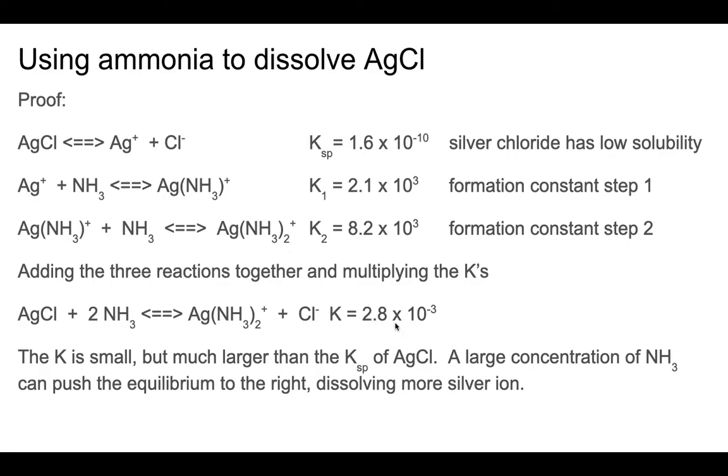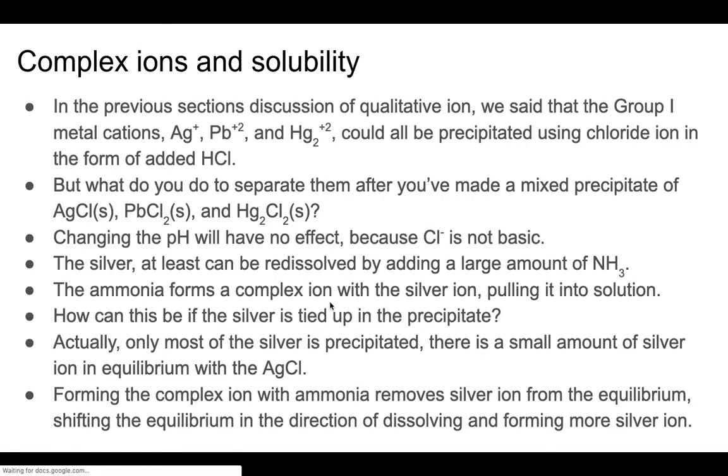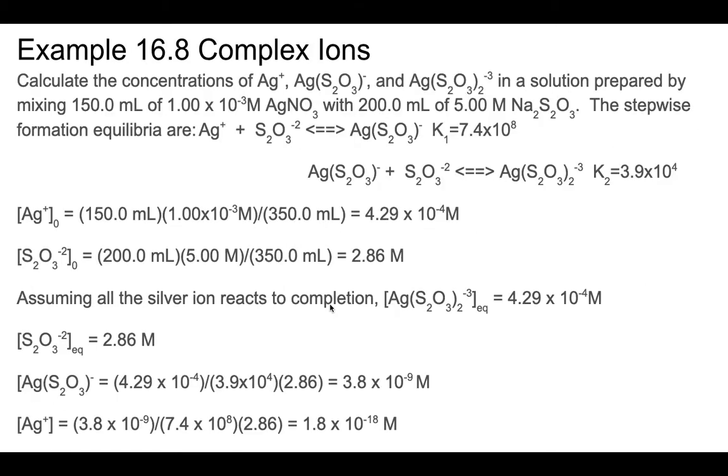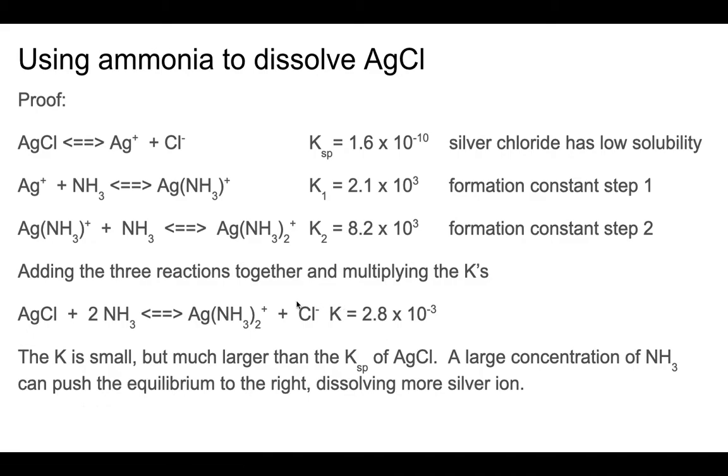Now you may be saying, well, that's still small, but it is quite a bit larger than the K without any ammonia. It's about 7 orders of magnitude, or 7 powers of 10, larger. So you might think, okay, that's still pretty small, so what do we do? Well, keep in mind we've got a really high concentration of ammonia.